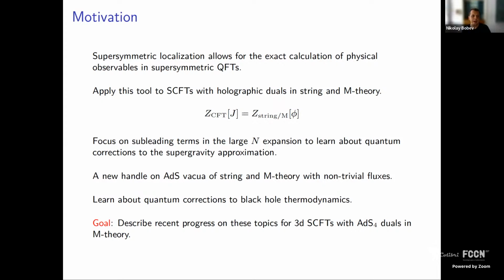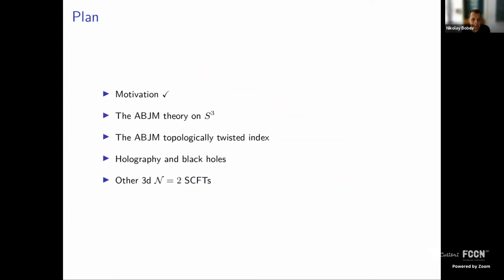Okay. So here's my plan. First, I will use a relatively well-known example of ABJM theory on the round sphere to set the stage and the notation, and also to illustrate the type of exact answers we can compute. Then I will move to the new results that we obtained for a certain specific partition function that was already mentioned in Dario's talk.